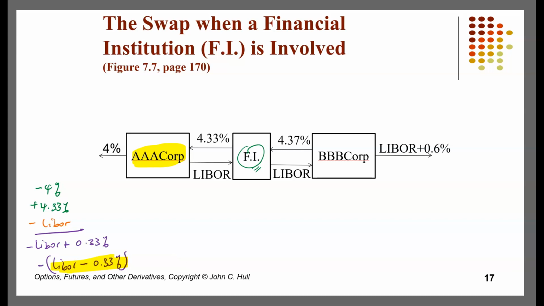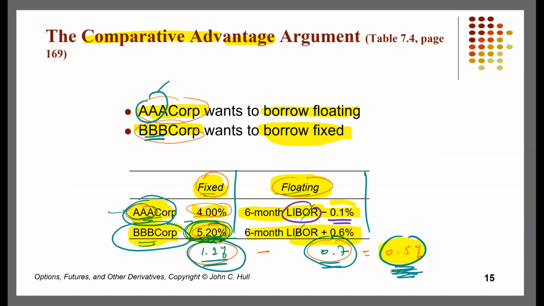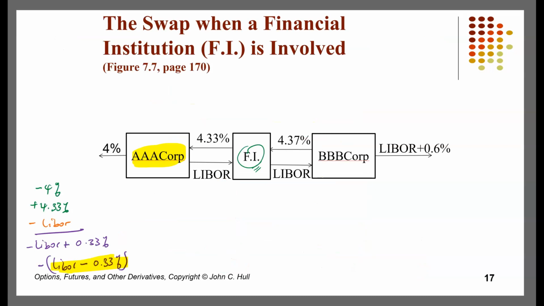Now, what was AAA quoted in the variable rate market? You should remember that it was quoted at LIBOR minus 0.1%. So what's the difference?